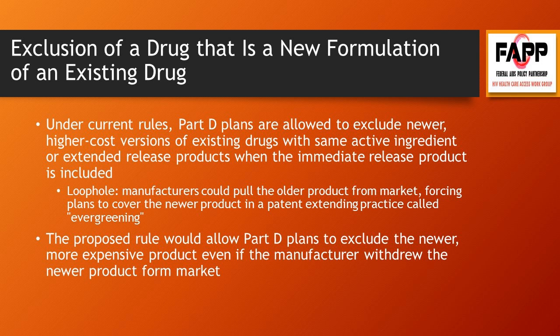What the rule does to address that is to allow Part D plans to exclude the newer, more expensive product, even if the manufacturer withdrew the older product from market. So this is a way to disincentivize manufacturers from pulling the older product from the market and to get at access to generics, access to lower cost equivalent medications as they become available. So next slide.